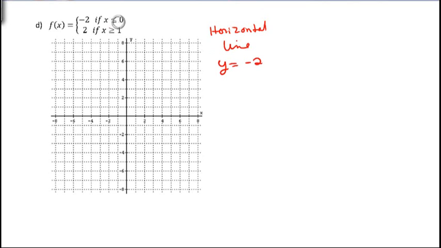And we're going to use that when x is less than or equal to 0. And for the other piece, this is y equals 2, which is also a horizontal line. And we're going to use that when x is greater than or equal to 1.